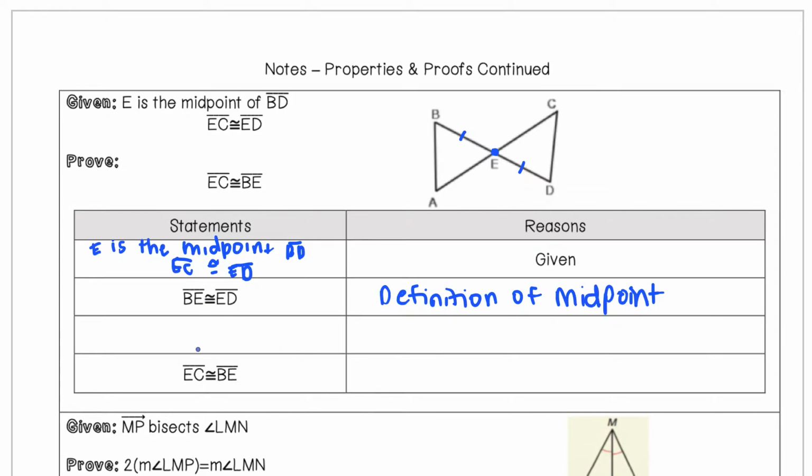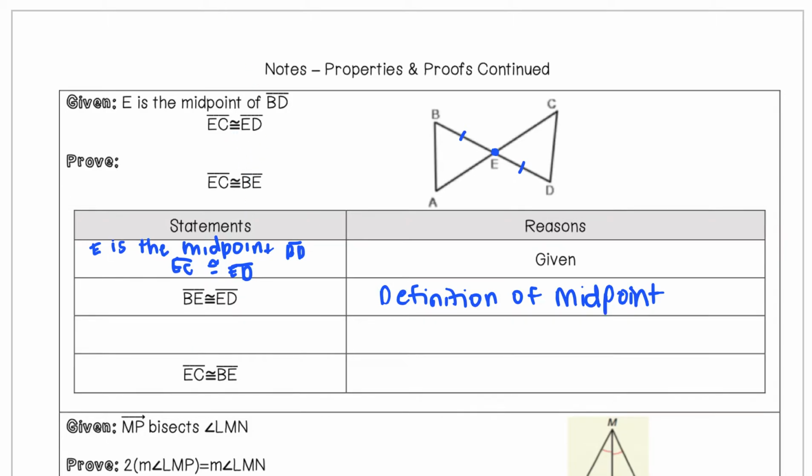Next up, we have a blank line, but when I look down to the final line and see what I'm trying to prove, I'm somehow jumping from the second line, BE is congruent to ED, and eventually saying that EC is congruent to BE. Because I've talked about my BE and ED being related, and I want to somehow relate BE to EC, I need to get some relationship between BE and EC happening.